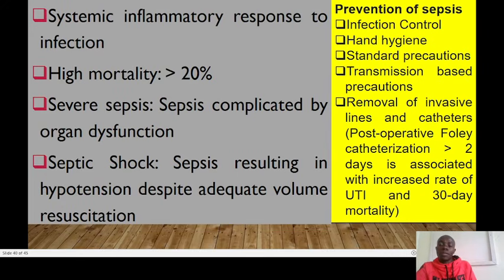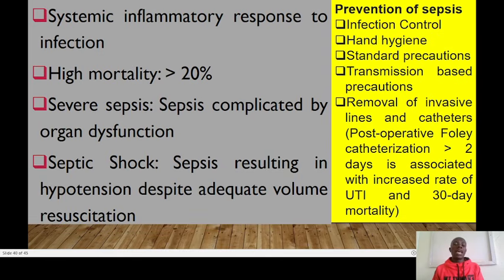Systemic response to infection. You find that in this infection, mortality is usually greater than 20. So severe sepsis is complicated by organ dysfunction, and sepsis results in hypotension, resulting in inadequate volume resuscitation. How to prevent this one? You can do infection control, okay?